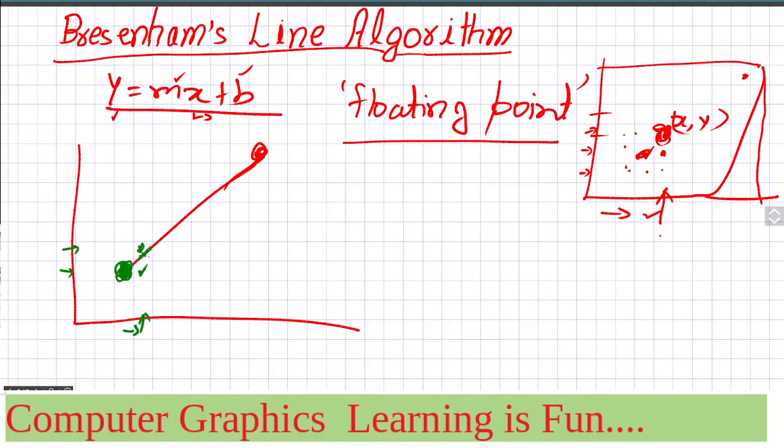Suppose this is the actual y. Let me take another color. This is your actual y, definitely some floating point value. If you take this x, you will get some floating point value which is here.